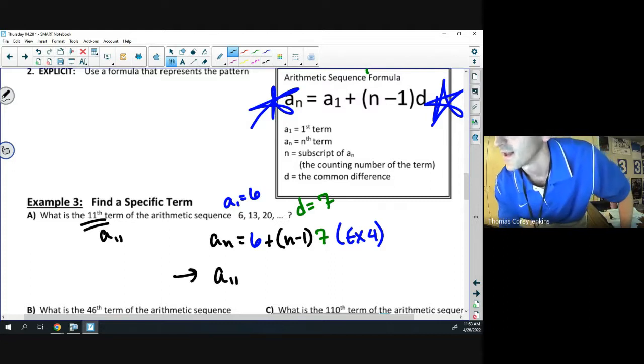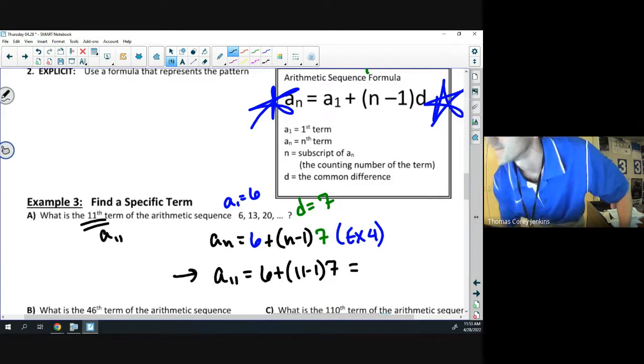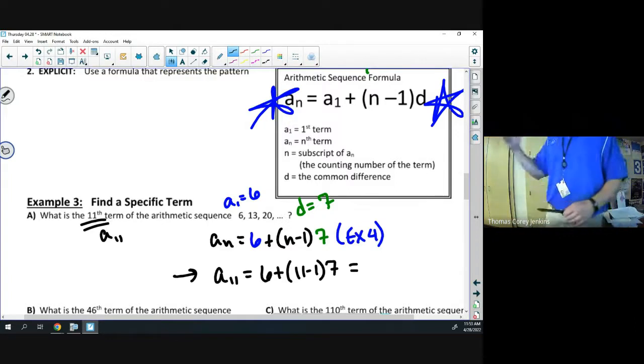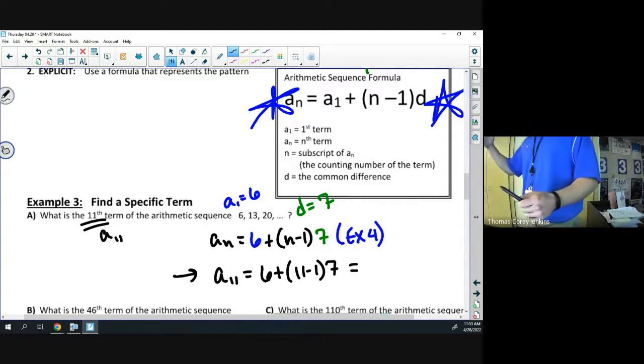So now a sub 11 would be 6 plus 11 minus 1 times 7. Once we start using this, I don't usually write it as 11 minus 1. I'll go ahead and just simplify that to 10, right? And then we just do the math, right? So we just basically have 6 plus 70, right?